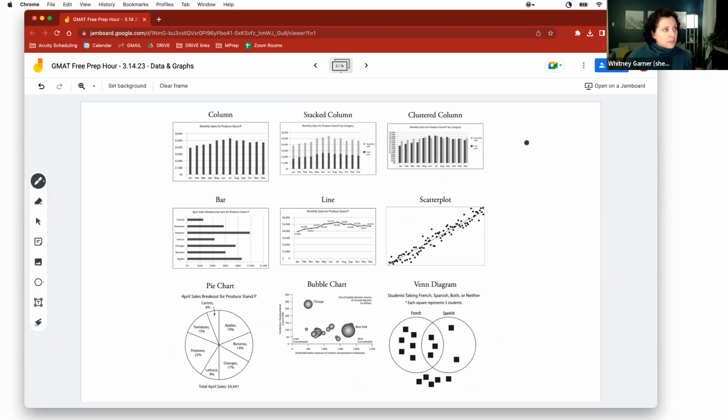But some of the common graphs that you might see are things like columns or stacked columns or bars or grouped bars. They might call those, so any of these might be called column or bar, depending on the vernacular. You can have stacked bar, you can have clustered bar, you can have stacked column, you can have clustered columns. Line charts, pie charts, scatter plots, and then to some degree, things like bubble charts and Venn diagrams.